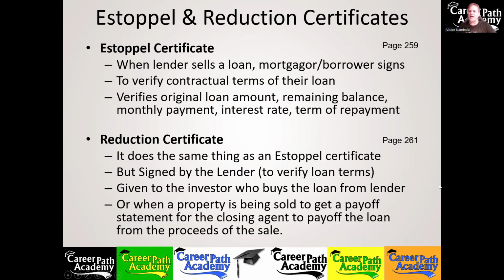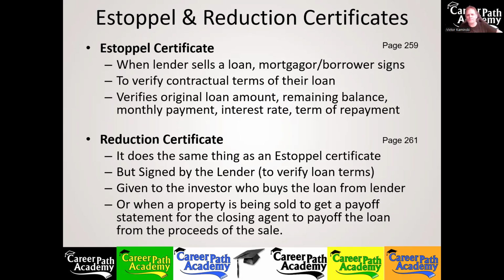All right, an estoppel certificate is also a word you will get on exams. It's when the lender sells a loan. How does banking work? Well, your lender will write a loan for you to borrow and buy a property. Most lenders do not hold on to their loans and service them for the 30-year term that you could have possibly gotten.